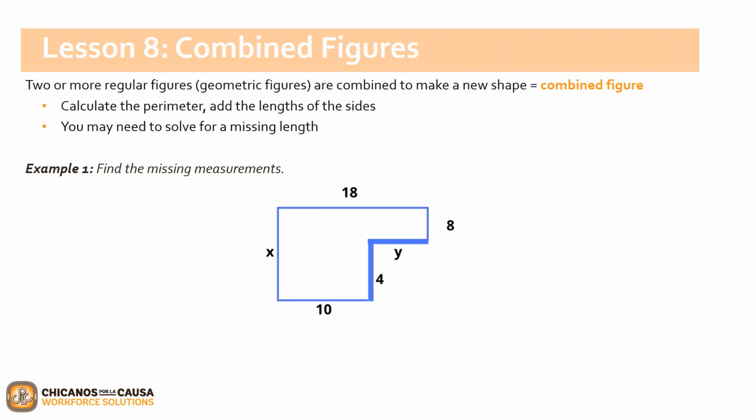So let's look at our first example. For example 1, we are being asked to find the missing measurement. As you can look at the figure, it is a combined figure as it is a mixture of 2 separate shapes. Now we have 2 variables in there, which means that those are unknown values.